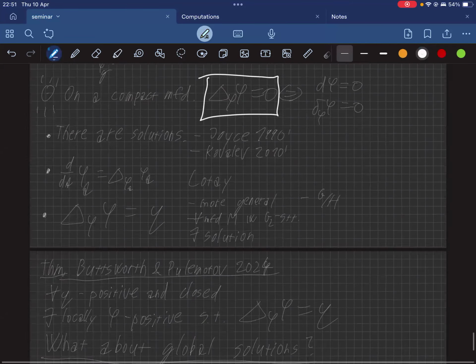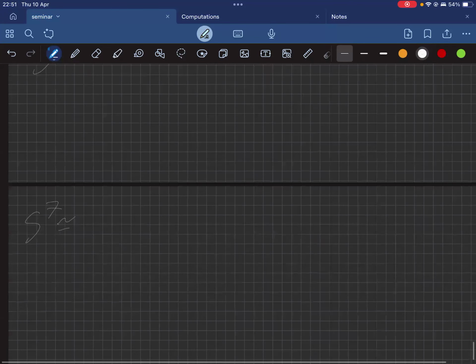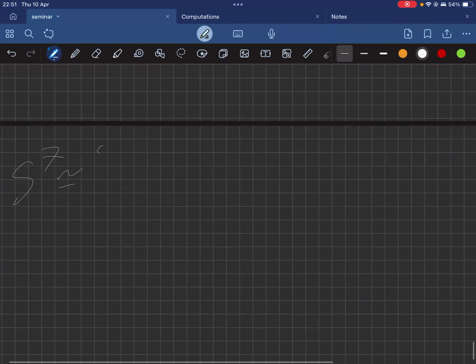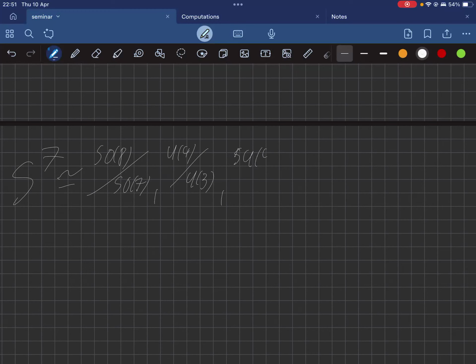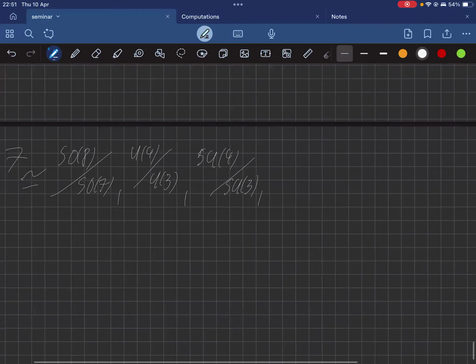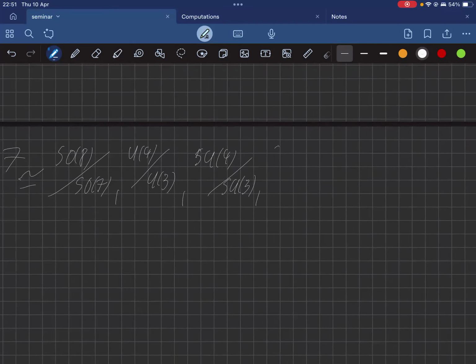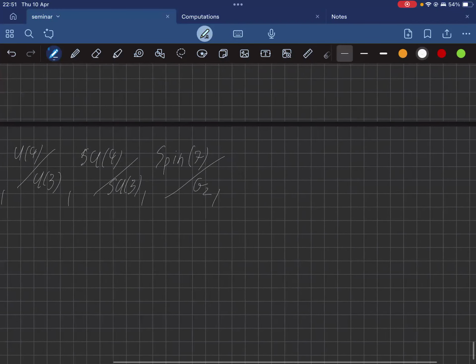So let me just write it down real quick. It can be either SO8 over SO7, which is actually a symmetric space. It can be U4 over U3. It can be SU4 over SU3. It can be the exceptional case, Spin7 over G2. And then it can be all of the Sp's.